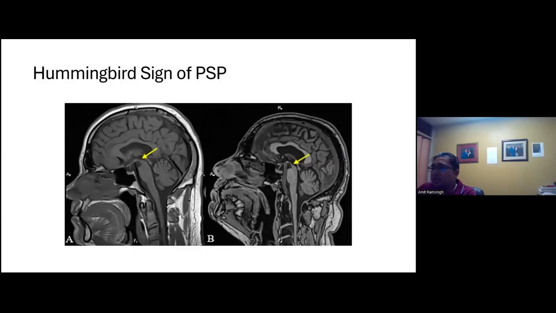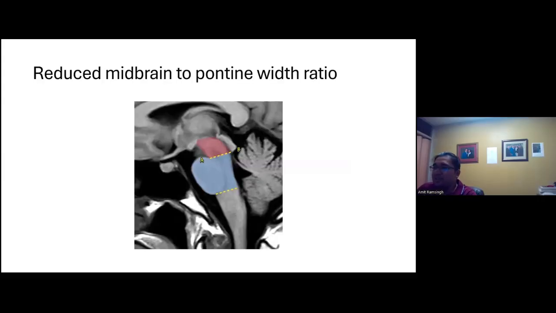Again, in terms of key radiological features, they describe what we call the hummingbird sign of PSP on these T1 weighted sagittal images. And it's usually due to, where the arrows point, the atrophy of the midbrain. So it gives the impression of a hummingbird, basically. Also, another very specific measure is the reduced midbrain to pontine width ratio.